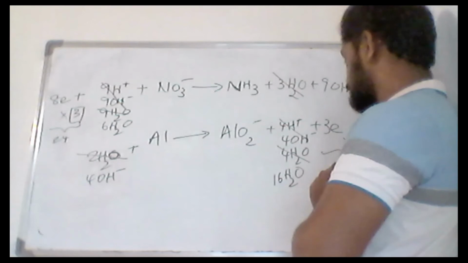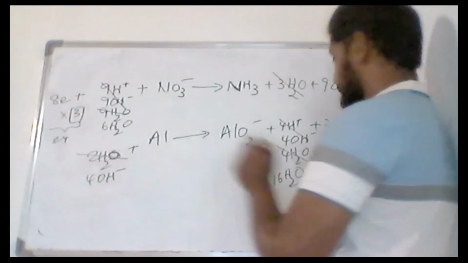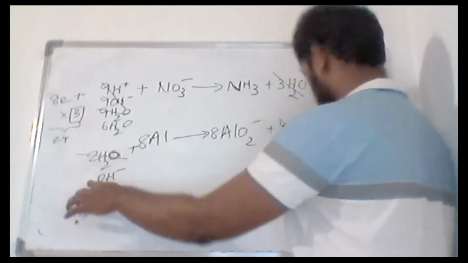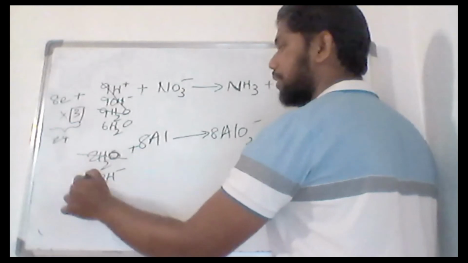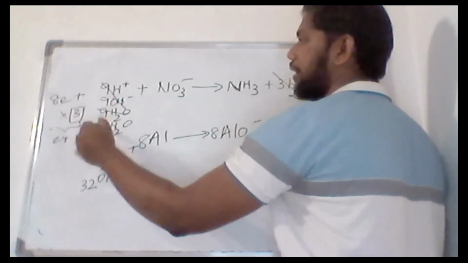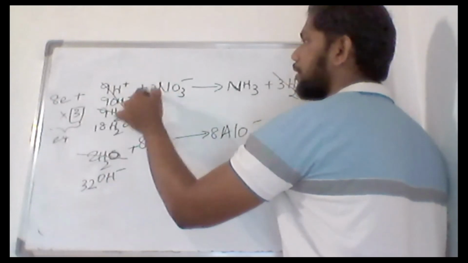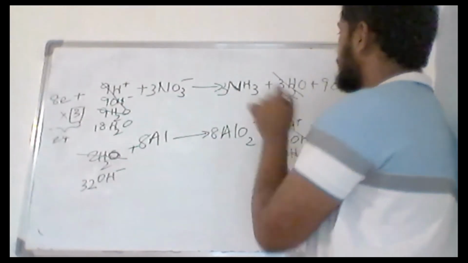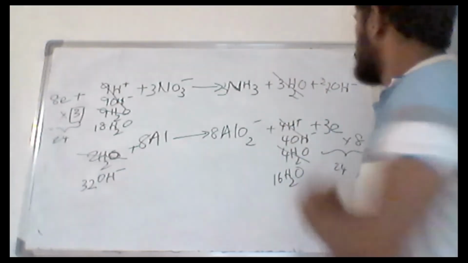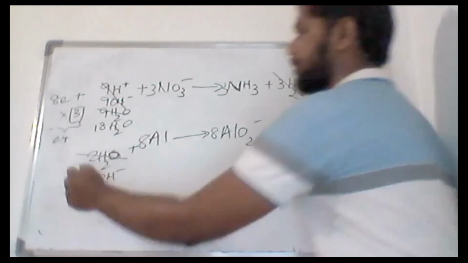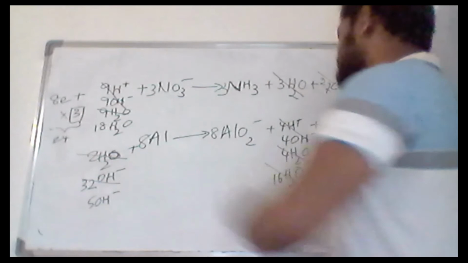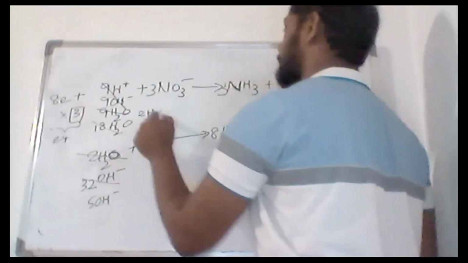If I multiply by 8, there will be 16 here, and 8 into 4, that is 32. And if you multiply this by 3, there will be 18, 27. So here there will be 27 OH and 32 OH, so 5 OH minus, and 16 H2O and 18 H2O, so there will be 2 H2O.